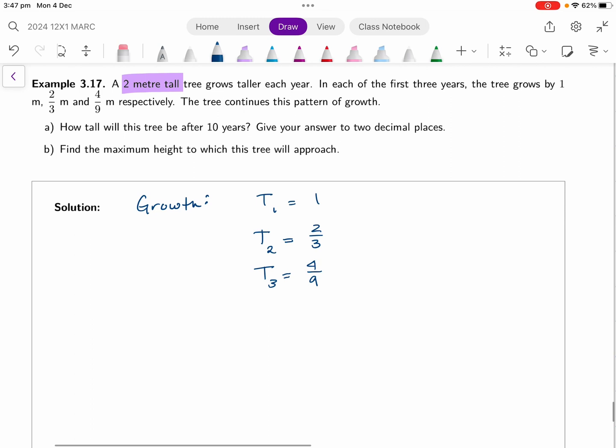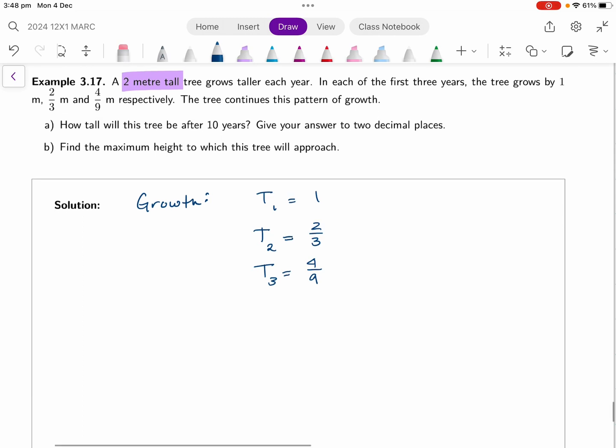So therefore, if it continues to grow in this pattern, first of all, is it an arithmetic progression? There's nothing here that implies that it is, so I would definitely check that and see if T2 divided by T1, so 2 on 3 divided by 1, that's a common ratio of 2 on 3.